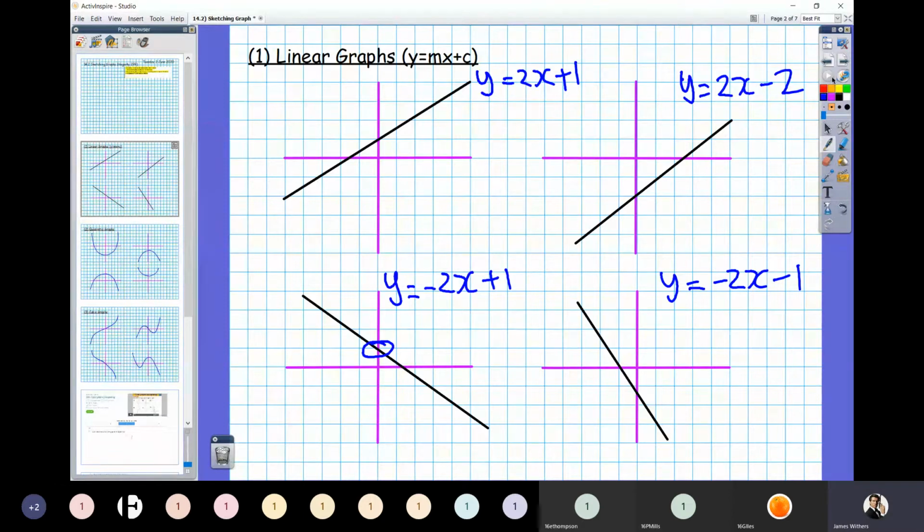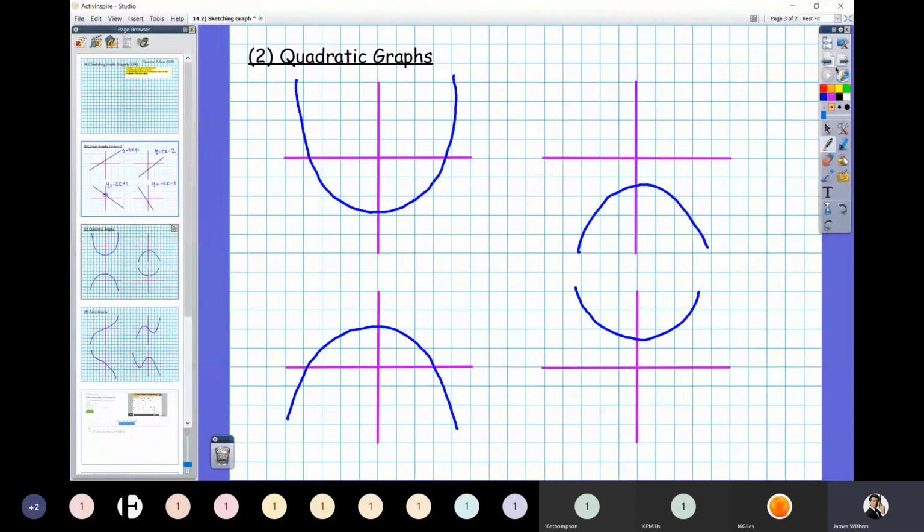Now, quadratic graphs, where we've got an x squared. Remember, where it is a positive parabola, a smiley face, we get a positive x squared component. So this first one might be y equals x squared.